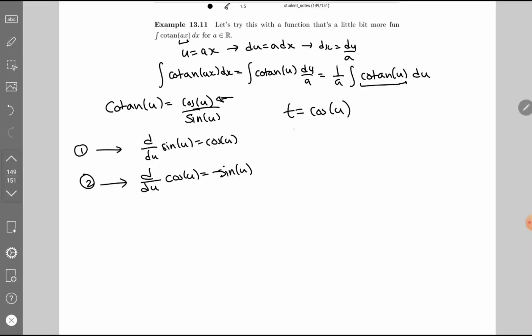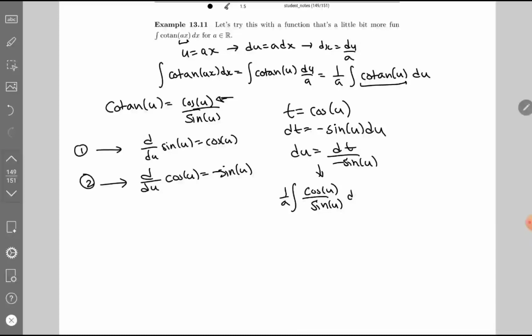So I set t equal to cosine of u. Here I take the differentials of both sides. This gives me minus sine of u du. I want to replace my du, so here I can have du is equal to dt over minus sine of u. And so here when I try to plug in cotan, I'll just replace this directly with cosine of u over sine of u du.